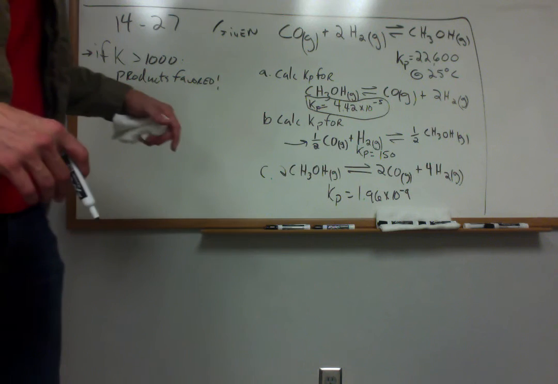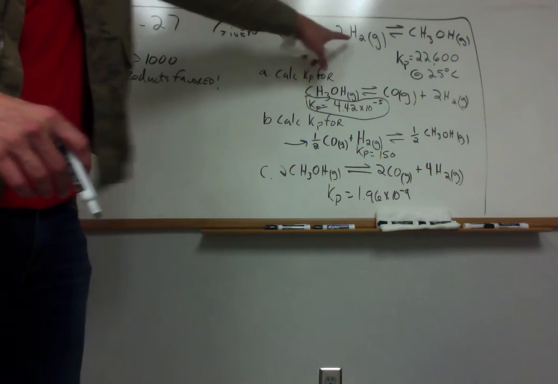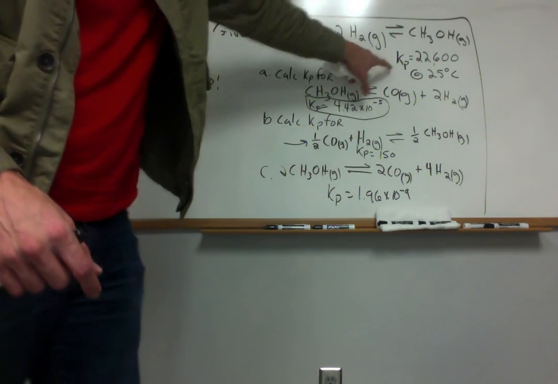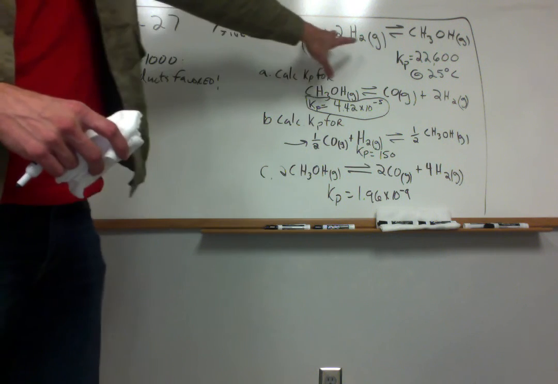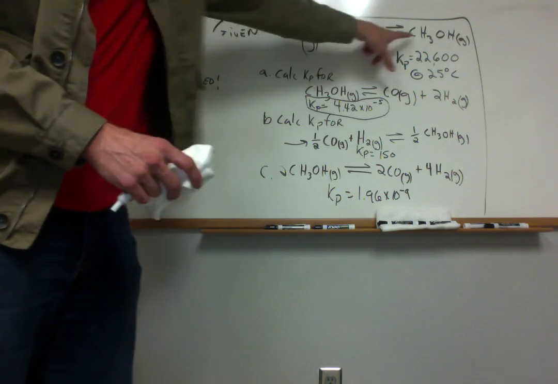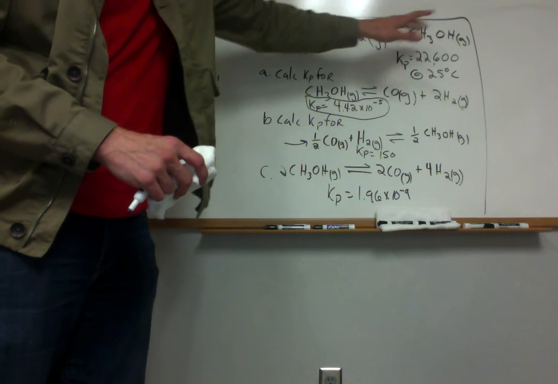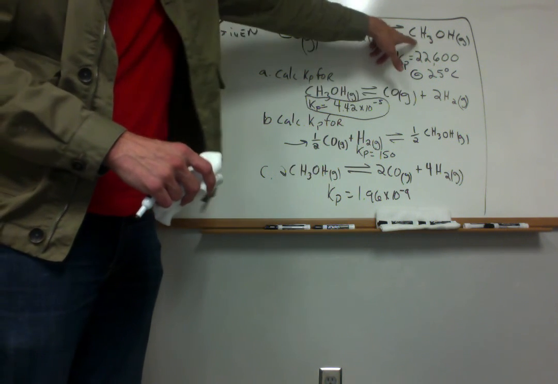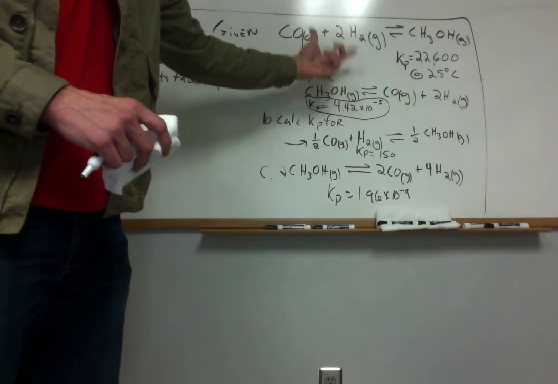And what that means is we have a case like in the first reaction here, where K is very, very big. What that means is that if you mix these two in a flask in the gas phase, they tend to form the methanol very, very vigorously to a large extent, okay? At equilibrium, we've got a lot of the methanol and not very much of these, okay?